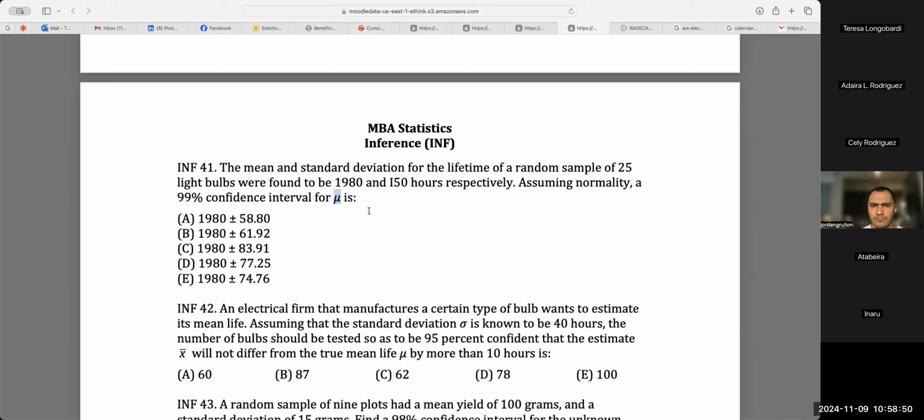The confidence interval for the mu. So that's the mean. That's where it tells you. And the next question is, because it's about the mean, do we have sigma or do we not have sigma? In other words, do we use 5 or do we use 6? Do we have the population standard deviation or not?